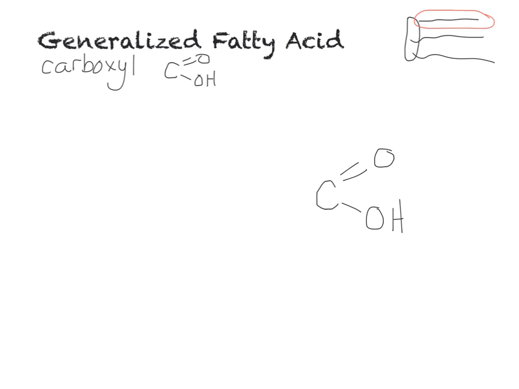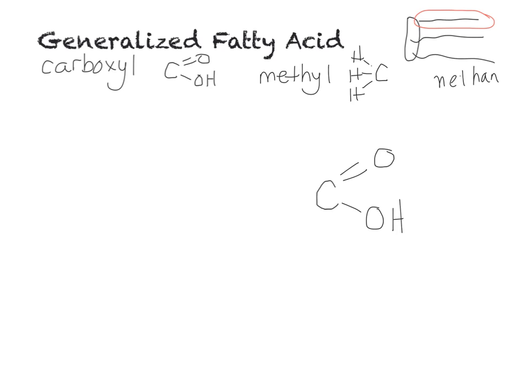On the other end, I'm going to leave some space in the middle for a second. On the other end, we have what's called a methyl group. Methyl is going to be a CH3 group that looks a little like this: 1, 2, 3. So methyl group, CH3. You may remember talking about methane.